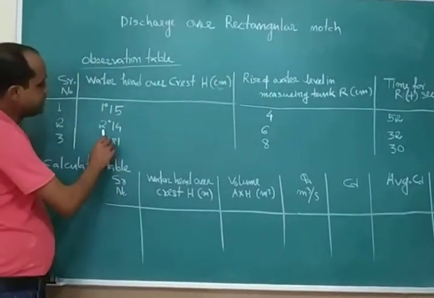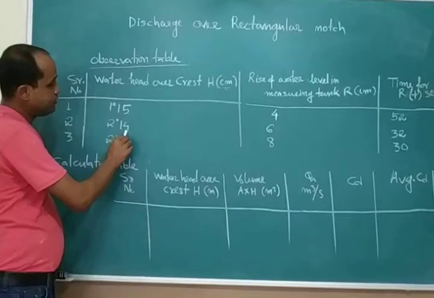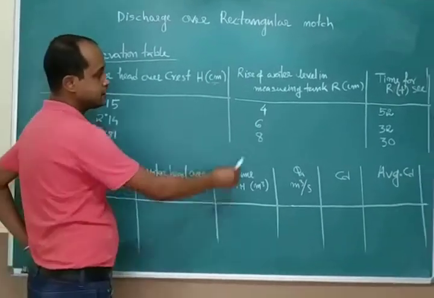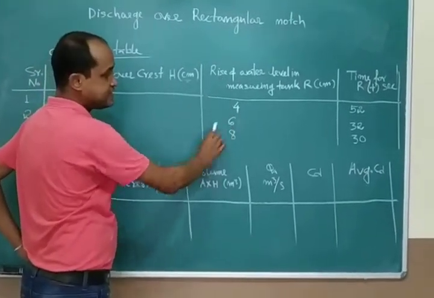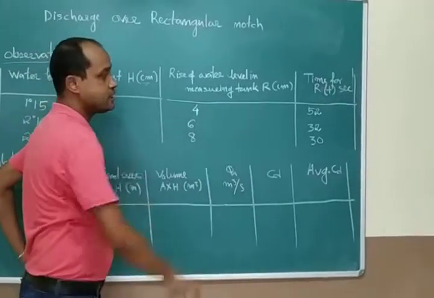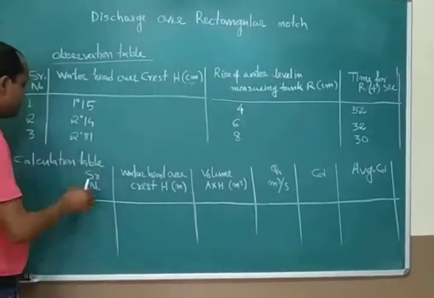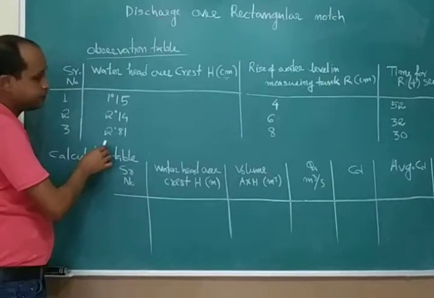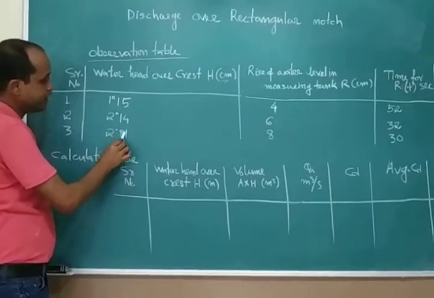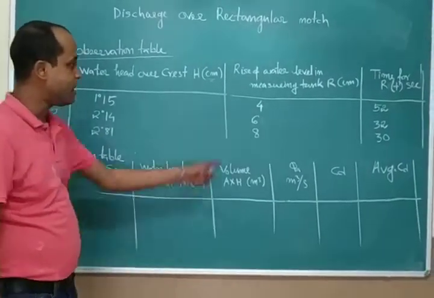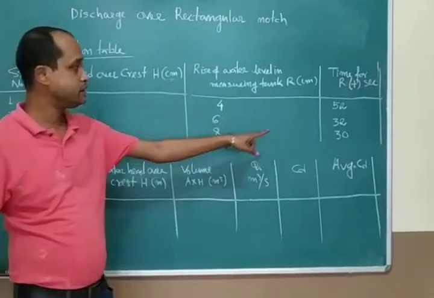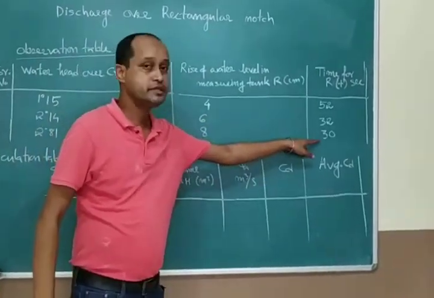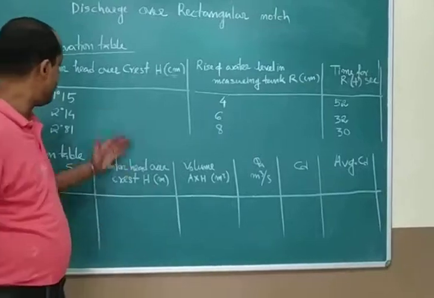Similarly, for the second reading, H is 2.14, R value is 6 and T value is 32. Similarly, third reading, H is 2.81, R value is 8, time 30 seconds.